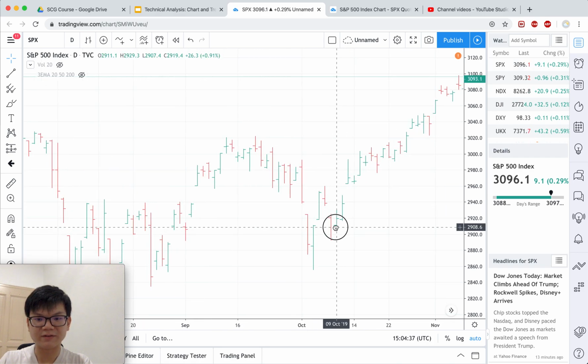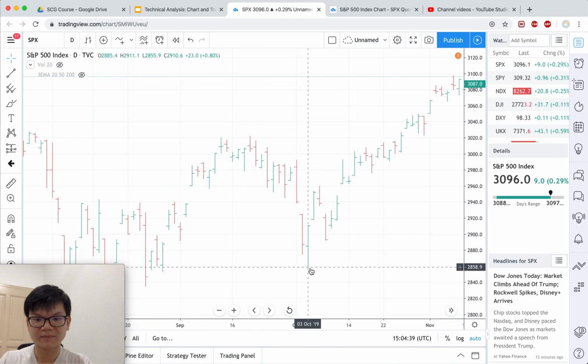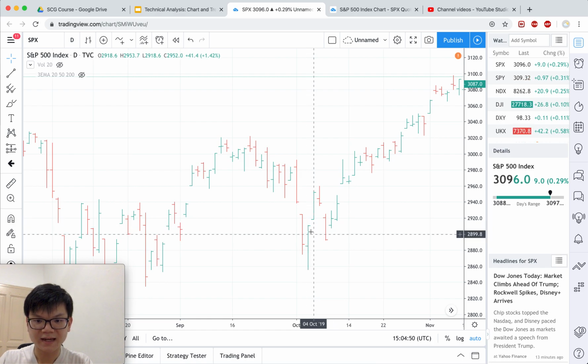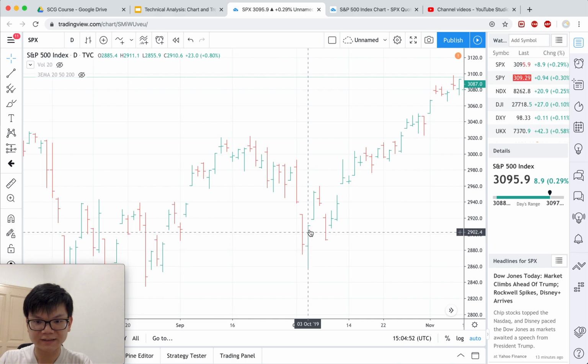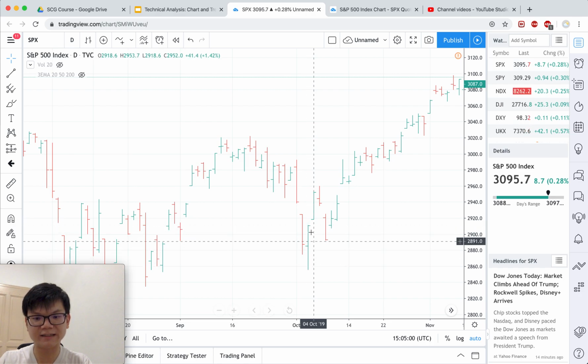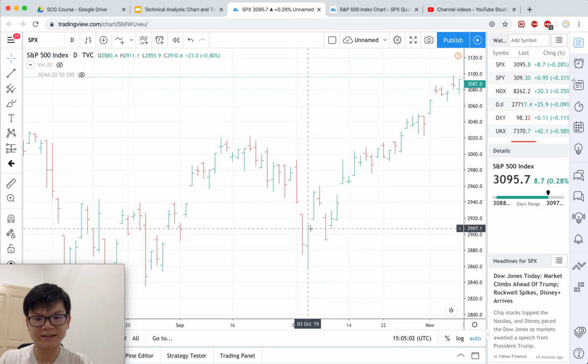For example, for this bar, the left horizontal line is the opening price, and the right horizontal line is the closing price, and then the straight line, the lowest is the low point, the highest is the high point. So it tells you the opening, the closing, the high and the low of that day itself.